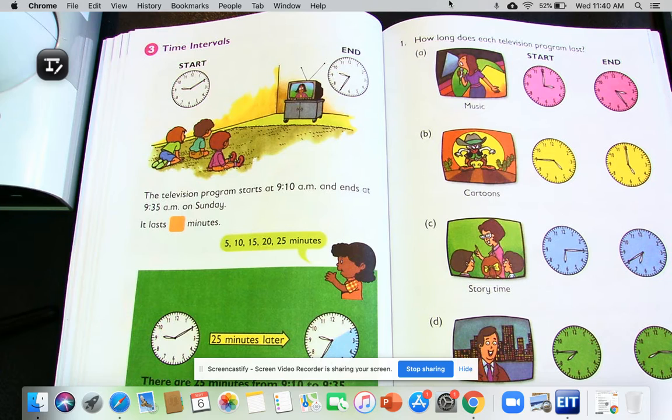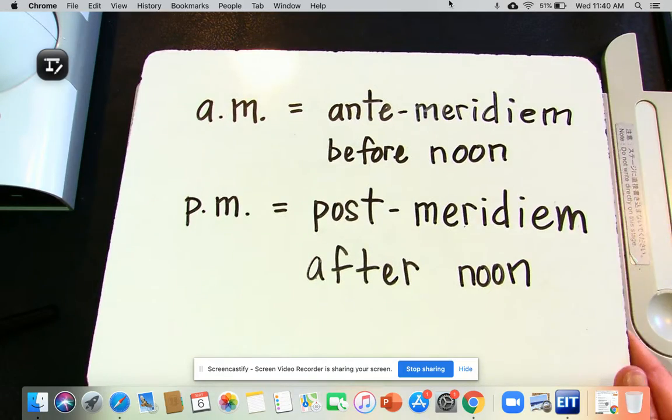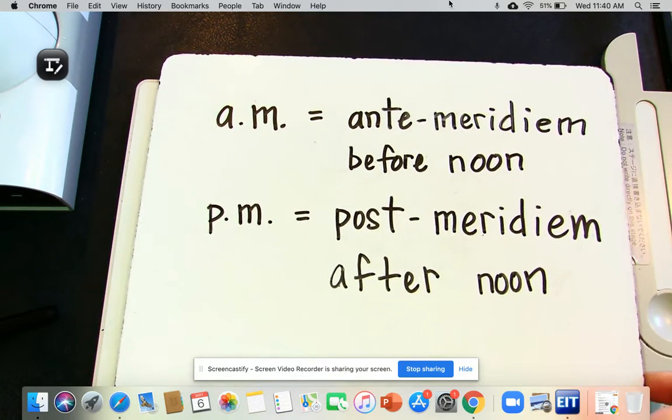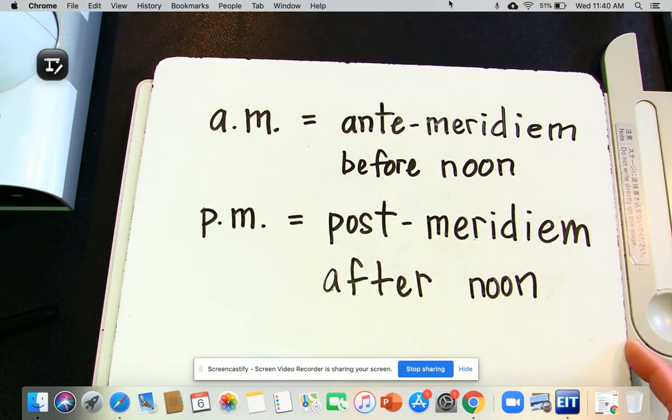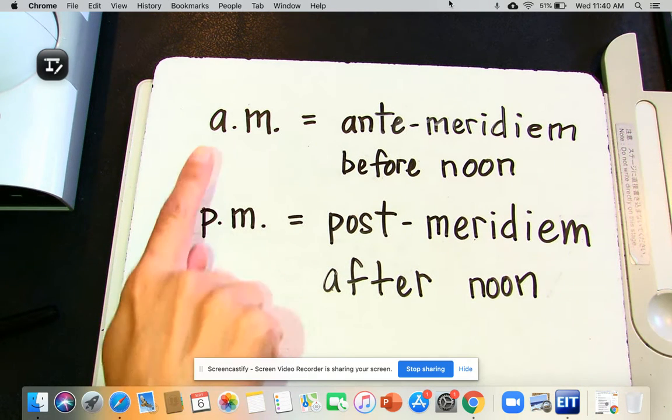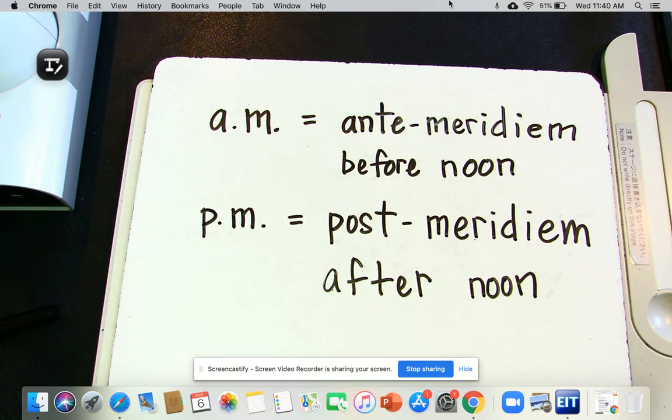Before we look at this page, I wanted to mention a couple things. We have a couple abbreviations here that you have probably seen before. We have AM and PM. The abbreviation AM comes from a Latin term, ante meridiem, and that means before midday.